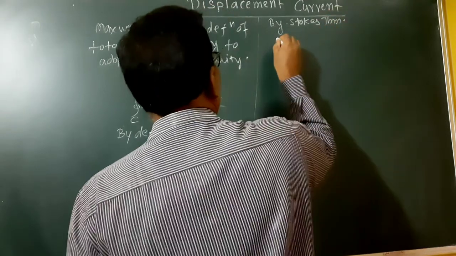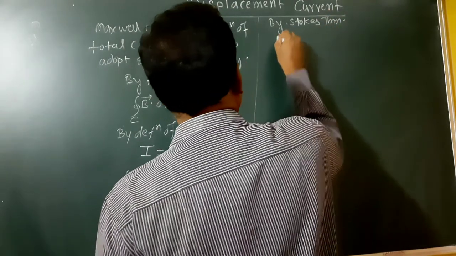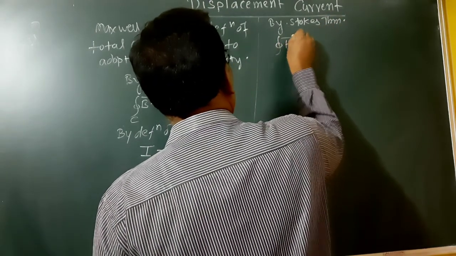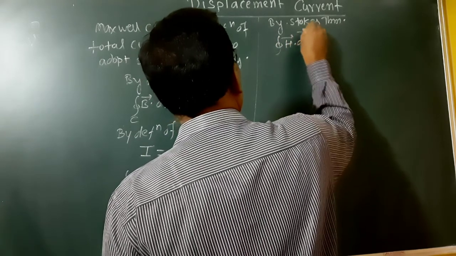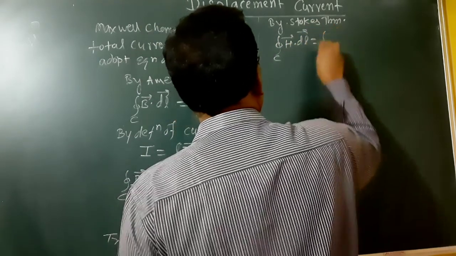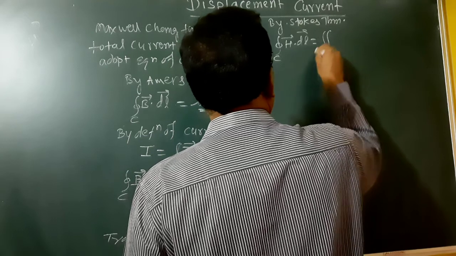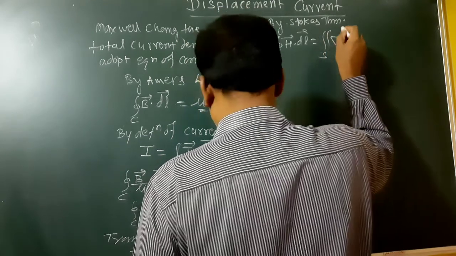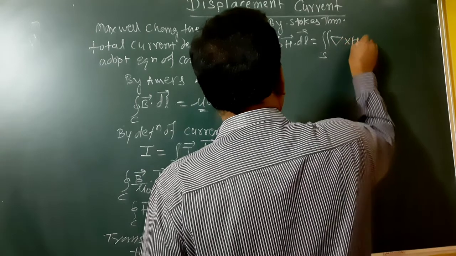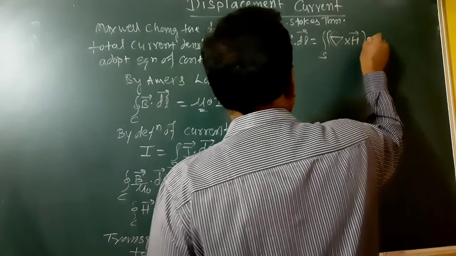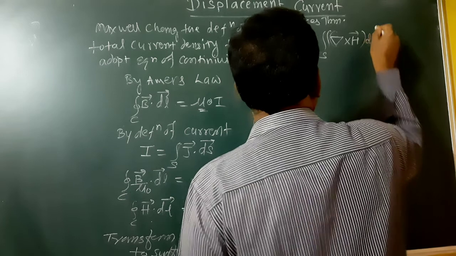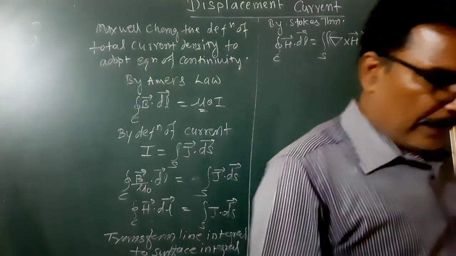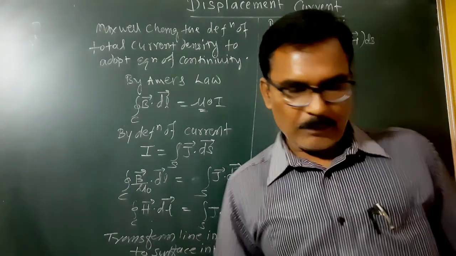The line integration of H bar dot dl bar is equal to the surface integration of curl of H bar into ds. This is how the line integration can be transformed into the surface integration.